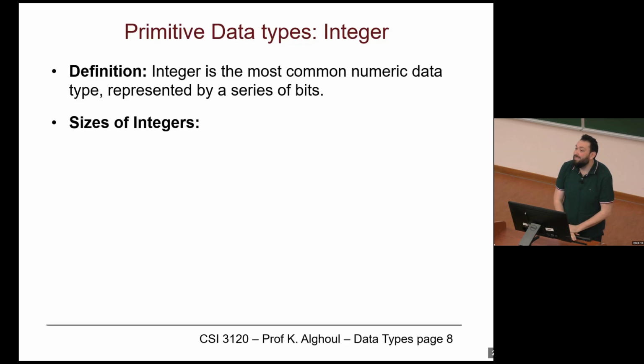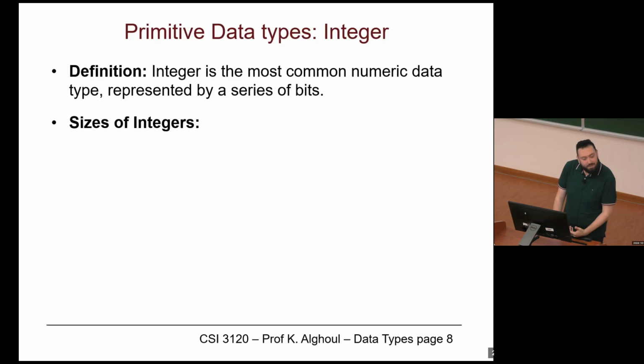Are there different sizes of integer? I'm assuming at least you took the Java course, ITI 1121 or something, so you've covered these things. What are the different sizes of integers? In Java, for example, we have int and what else?